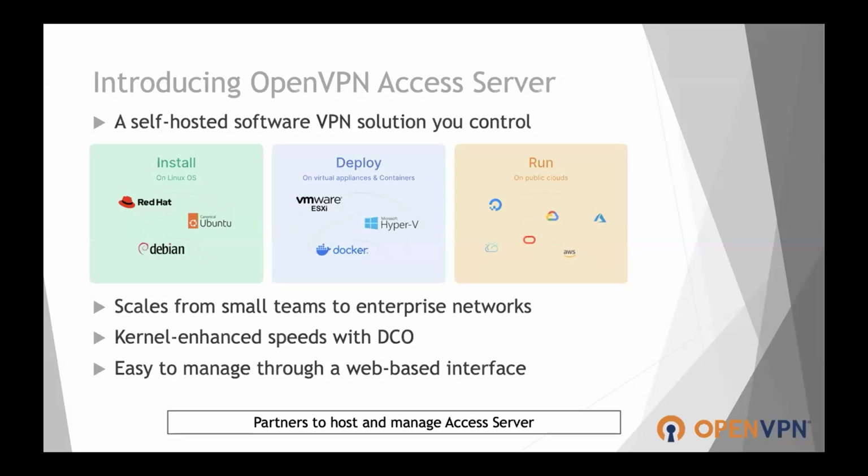The other point is that we sell Access Server based on the number of VPN connections used simultaneously. So even small teams can start using it, and teams within the enterprise or the entire enterprise can use it because it's economical in the sense that you don't get charged per user.